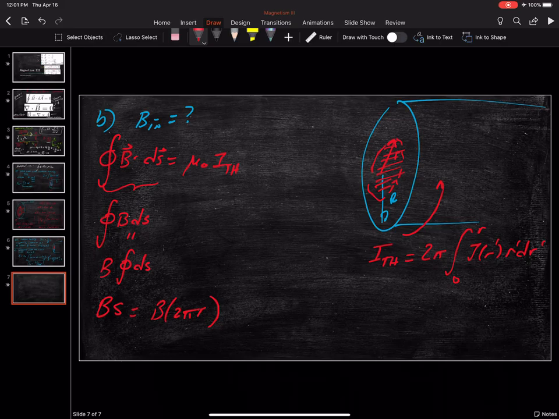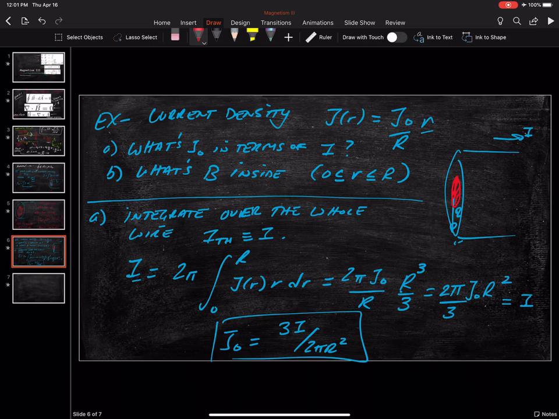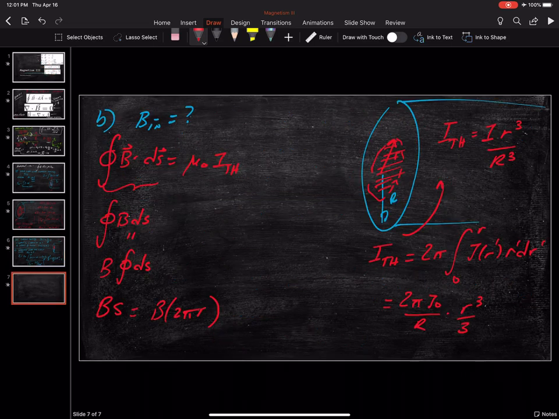This gives you 2 pi j0 over R times little r cubed over 3. After I plug in for j0, my I through should be I times little r cubed over big R cubed. All the 3/2 and all that kind of stuff cancel.